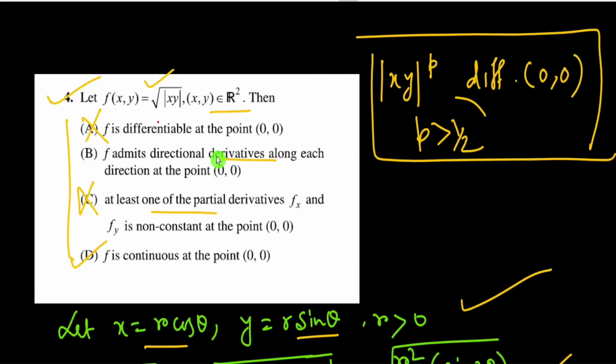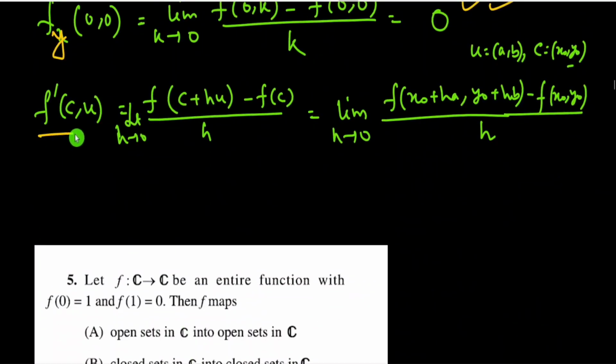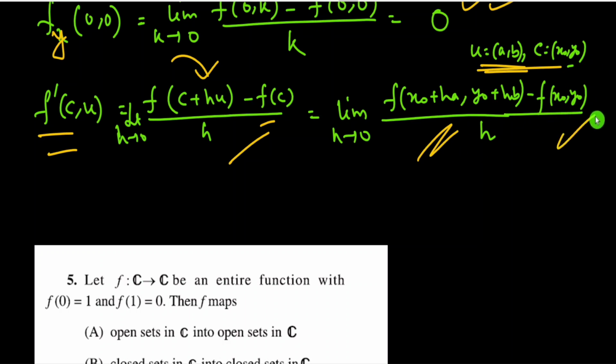And also the directional derivative: the formula for checking the directional derivative is f dash c equal to, here u is the unit direction vector and c is the point at which we have to check the directional derivative. So limit h tends to 0, f of c plus hu minus f(c) by h, which is equal to this. If we take the direction u equal to (a, b) and c equal to (x0, y0), then we get this formula.